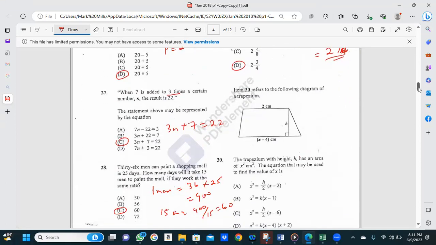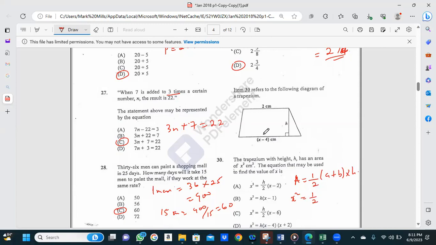30. They say the trapezium, the height h, has an area of x squared centimeters, right? You have to remember the trapezium formula: area is equal to half times a plus b times the height. They gave me the area, so it'll be x squared times the half.